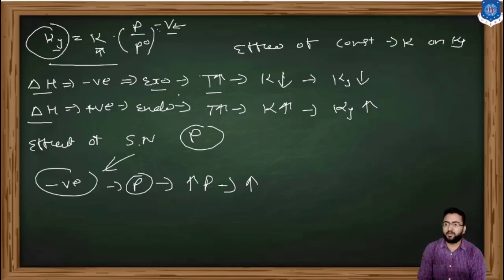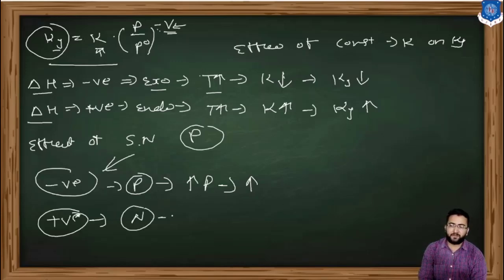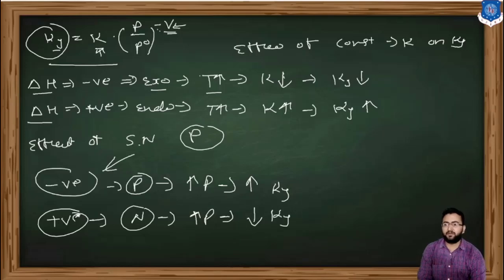But if the value of the stoichiometric number is positive, then this becomes negative. So if I increase the pressure, the value of Ky will decrease. So the effect of pressure on equilibrium conversion depends on the value of the stoichiometric number.